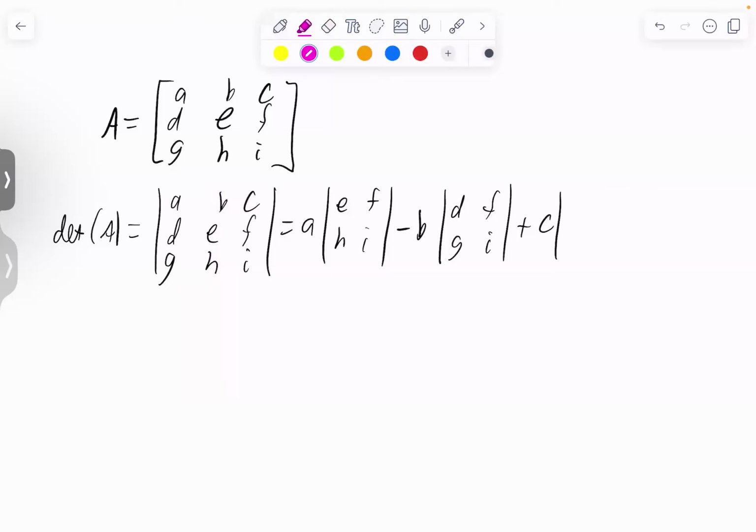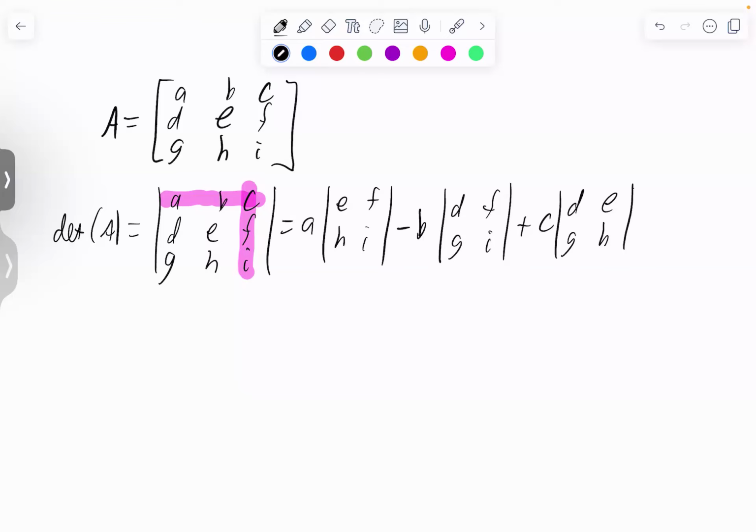Back to plus C times, and then now I'm going to use C, and I'm going to write down what's left over there: D, E, G, and H. All right.